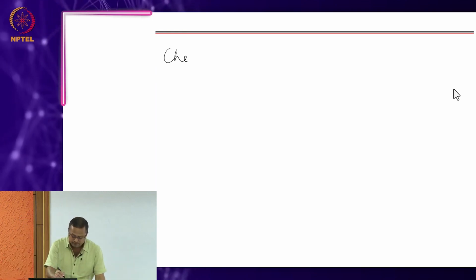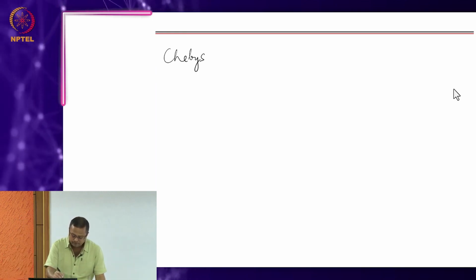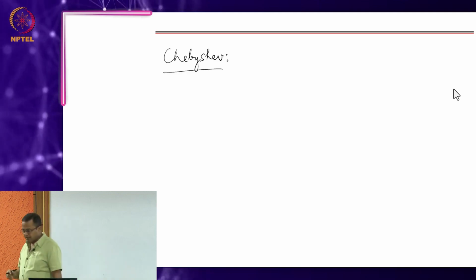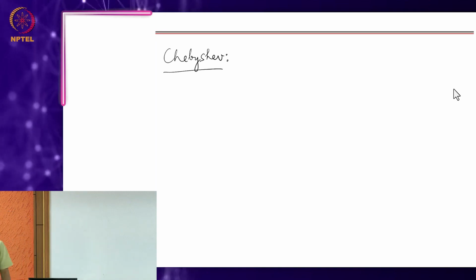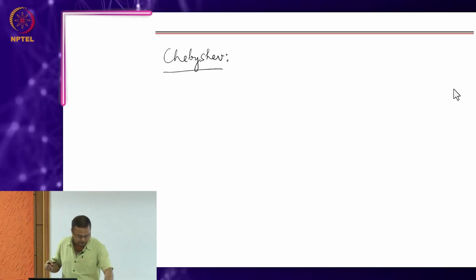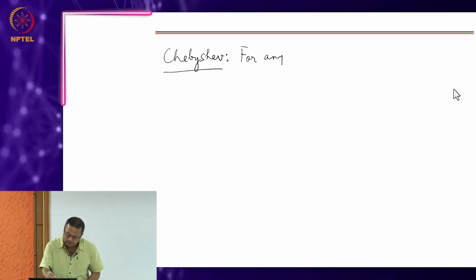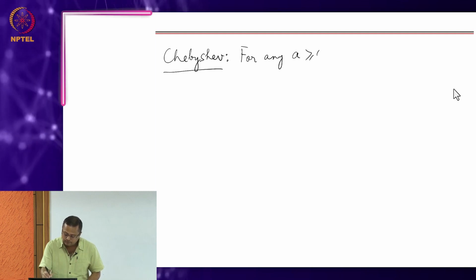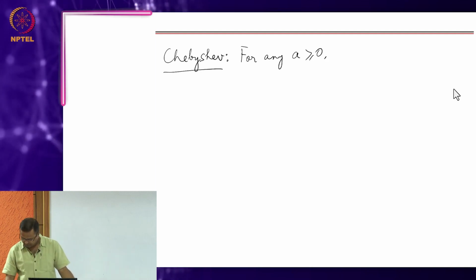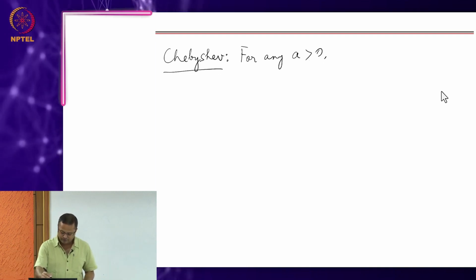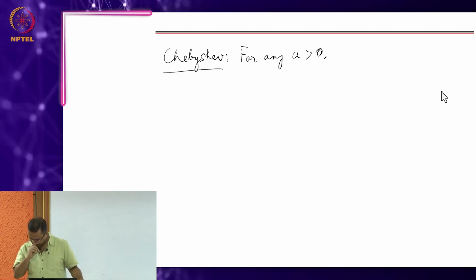Well, getting into Chebyshev's: Chebyshev is nothing but Markov in a disguised form, for any a greater than 0.